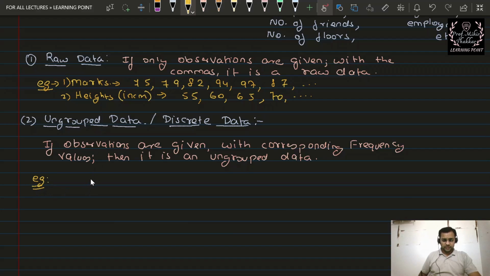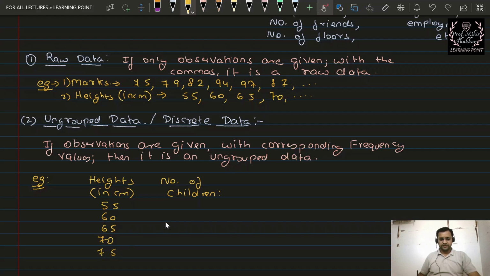Suppose if I take an example for this, if I consider the same example about the heights in centimeters along with the number of children. Let us take the heights as 55 centimeters, 60 centimeters, 65, 70 and 75.